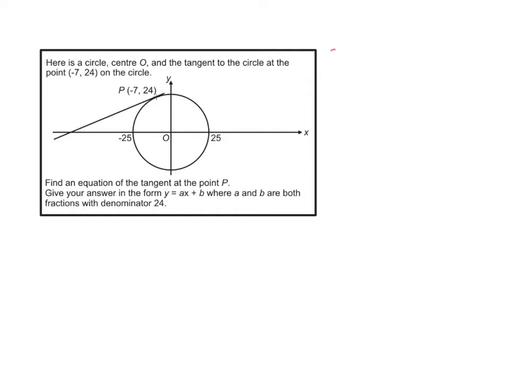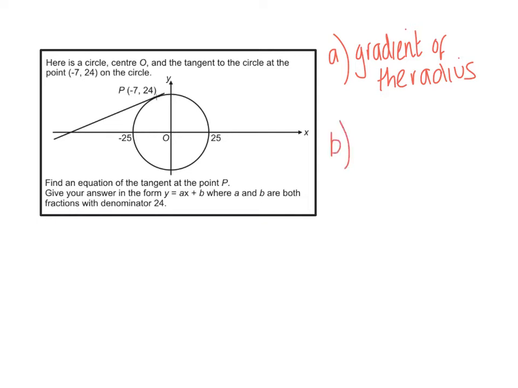The first part, let's call it part A, we're going to look at finding the gradient of the radius, because this is going to help us in the future. The second part, let's change colour, is going to be finding the gradient of the tangent.